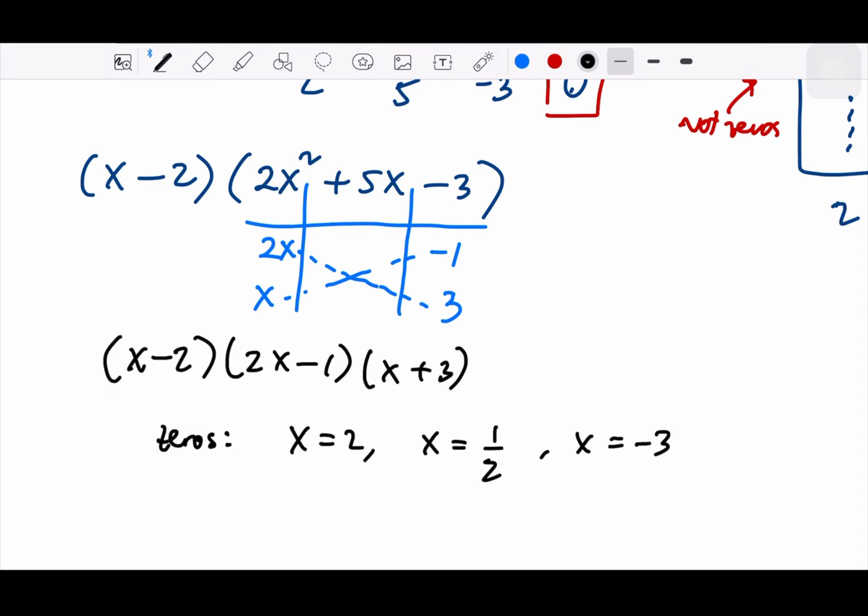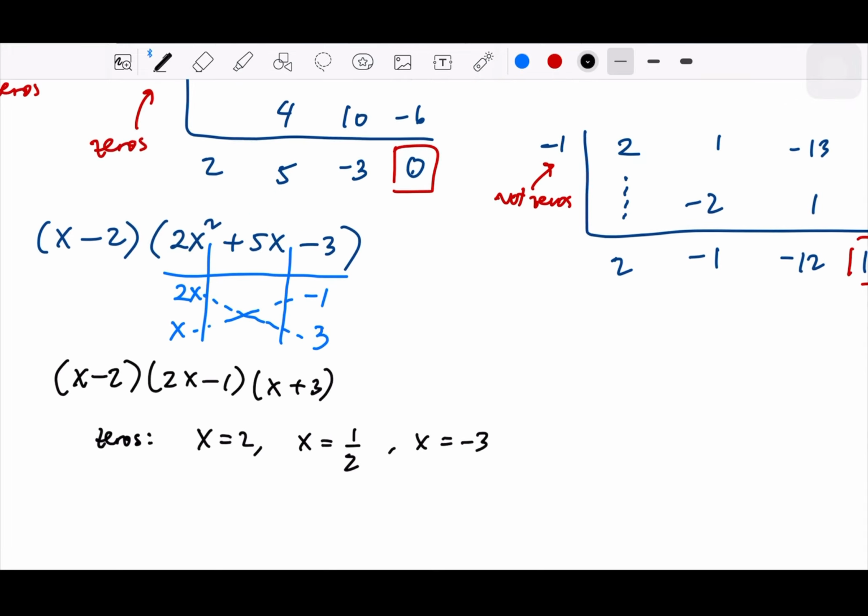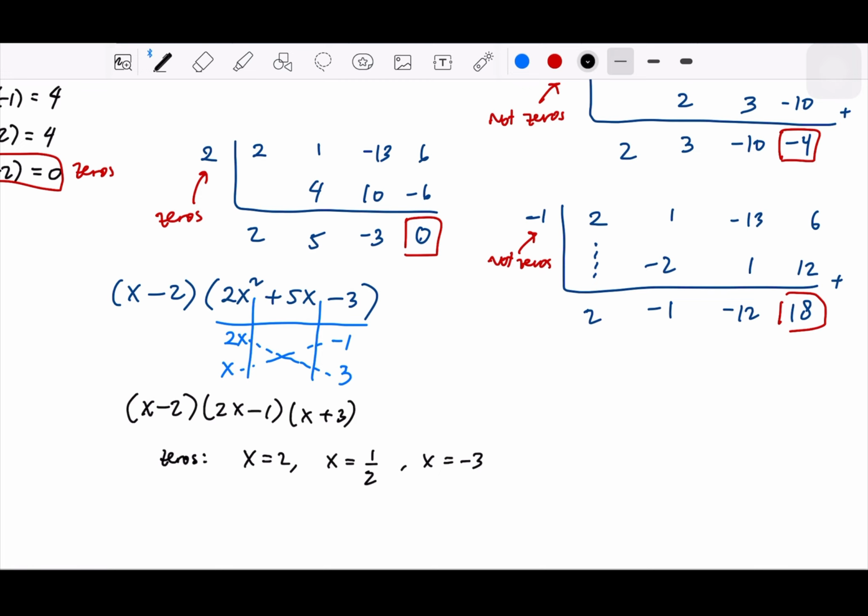Okay. So long division or synthetic division will be really, really useful here to check whether it has a remainder or not, to determine the zeros.